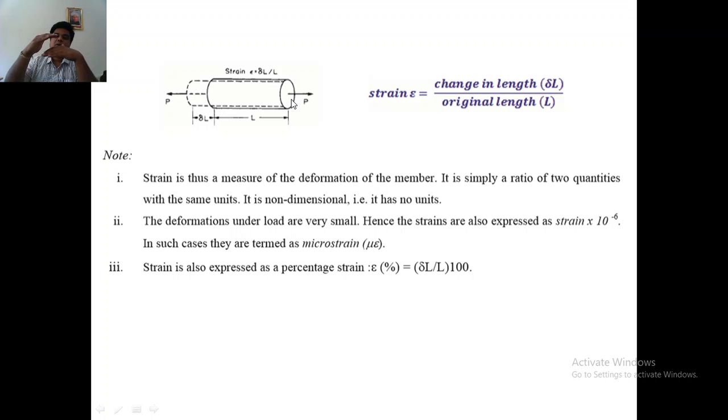So until some amount of load, depending on the material, it will elongate elastically. Once the load reaches the maximum capacity of the material, it will deform plastically.